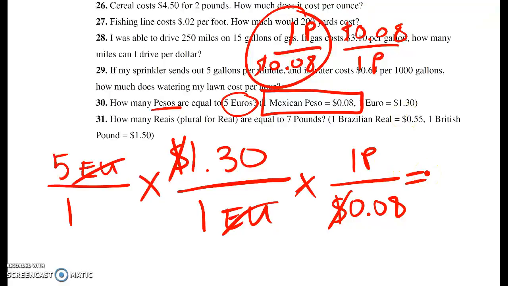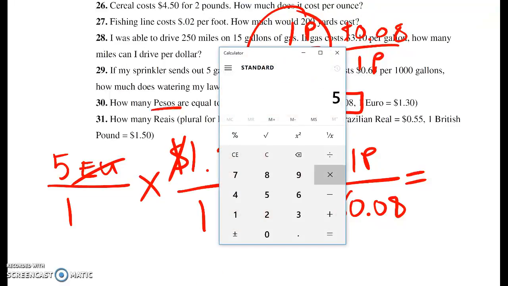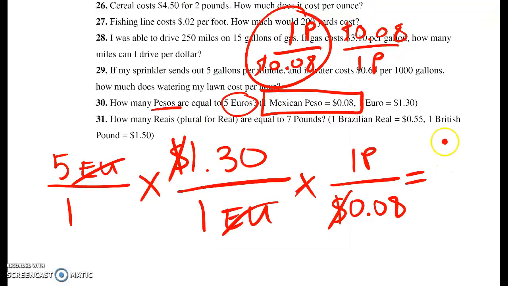All I have to do now is multiply across. 5 times 1.3 times 1 is 6.5, and that's going to be pesos. The bottom is 1 times 1 times 0.08, so we have 0.08.